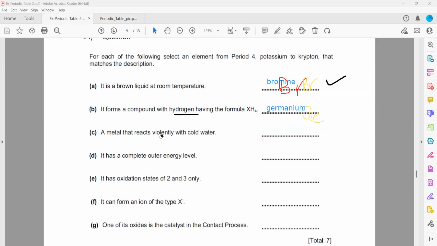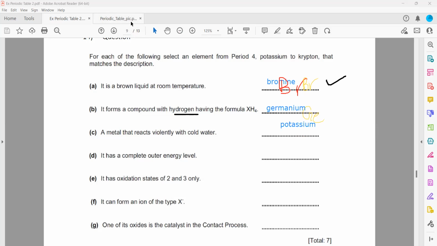A metal that reacts violently with cold water. So it should be group 1, period 4, group 1. So that should be potassium. You cannot write cesium here. Why you cannot write cesium?